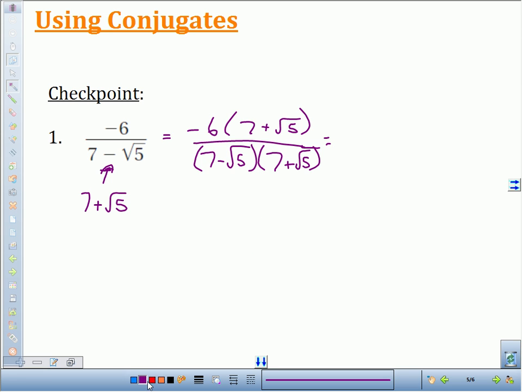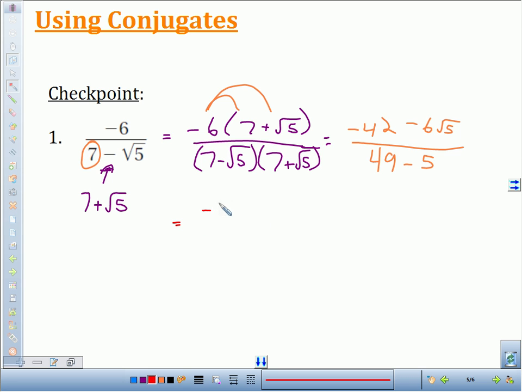And when we do that, of course, the next thing we would need to do is distribute. So negative 6 times 7 is negative 42. Negative 6 times the square root of 5 is negative 6 times the square root of 5. Now on the bottom, my first term is 7, so 7 squared is 49. The number under the radical is 5, so I have 49 minus 5. Alright, so far so good.